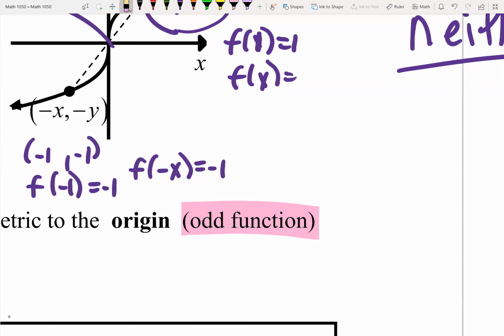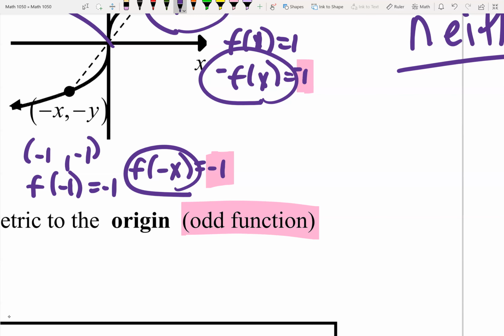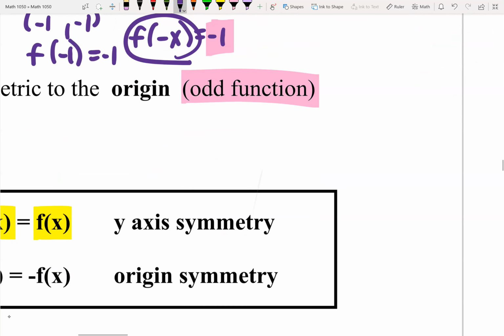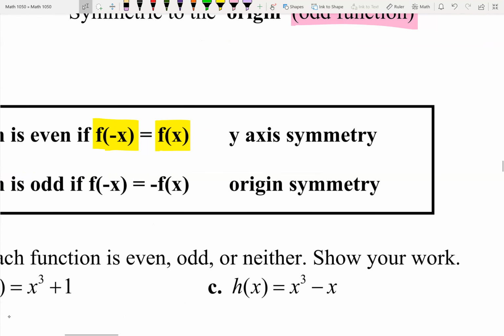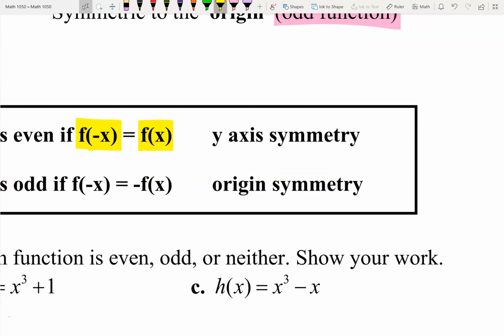It's not changing very quickly. I want this guy and this guy to be the same. They're not the same. How can I make it the same? Well, if I multiply that by a negative, then they're the same. So if these are odd, then this negative guy is equal to that negative guy. If you didn't understand the explanation, it's okay. I just like to offer an explanation as to what that means. So if something's odd, then that is true.